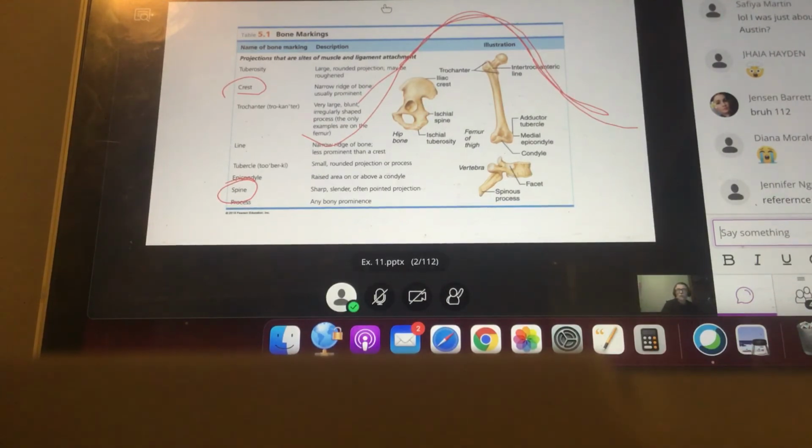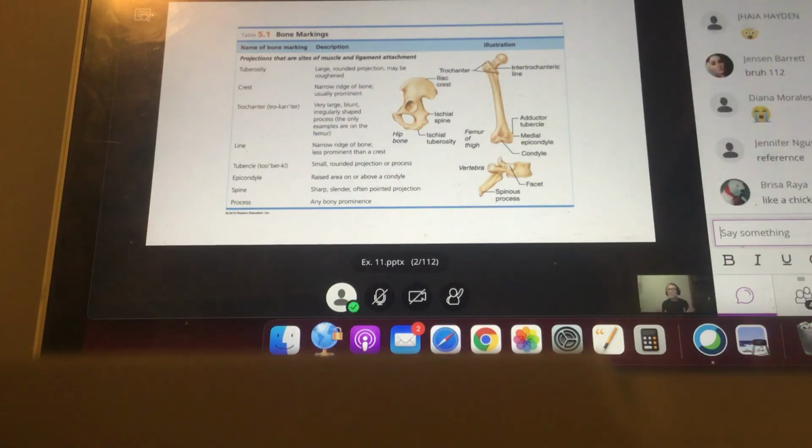It's a little more of a wave. It talks about a narrow ridge here, but we've got a crest on the ilium, which we're going to see. Don't worry. And then we've got a spine, and that spine is like a little bit of a crest, but it's on the back, right? So as you see this, just reference these, and it's going to bring more understanding. So that's what I want you to think about. Don't memorize it, but just recognize the basic meaning of them.